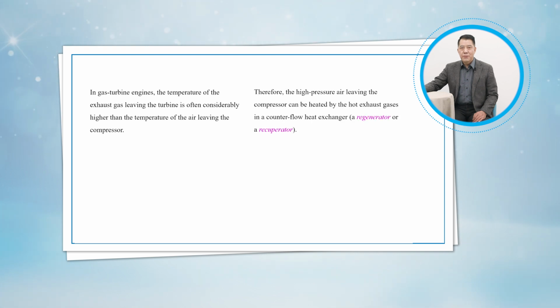Therefore, the high-pressure air leaving the compressor can be heated by transferring heat to it from the hot exhaust gases in a counterflow heat exchanger, which is also known as a regenerator or a recuperator.